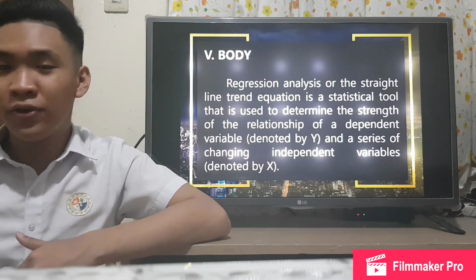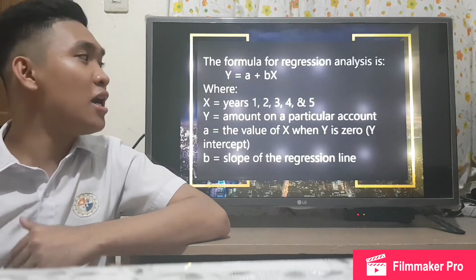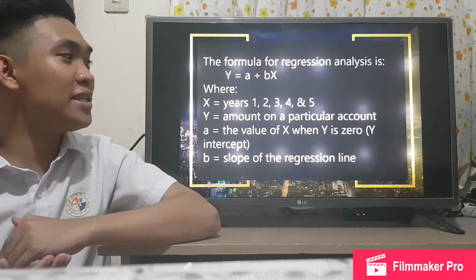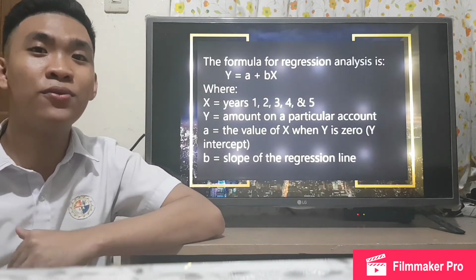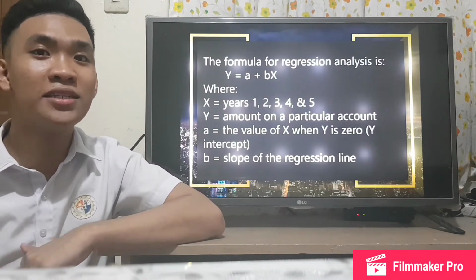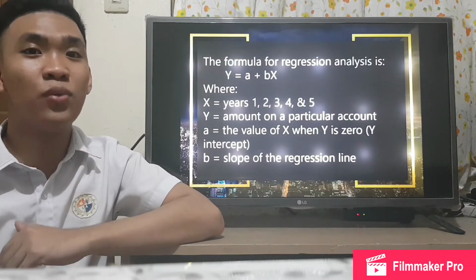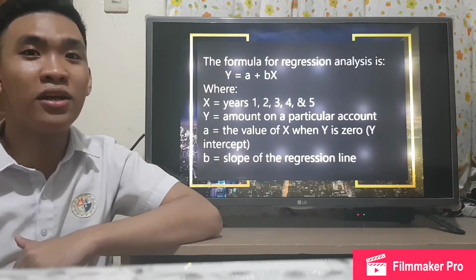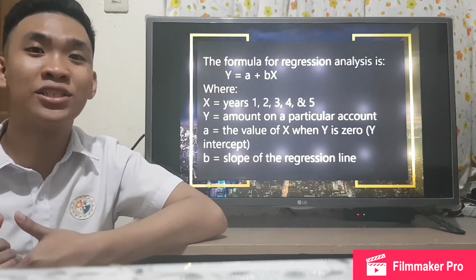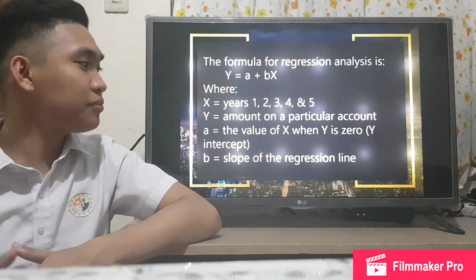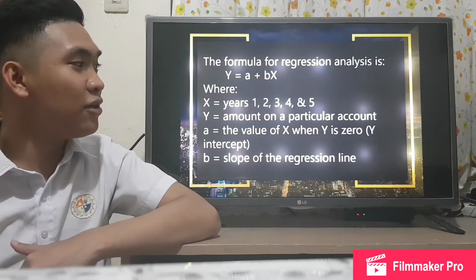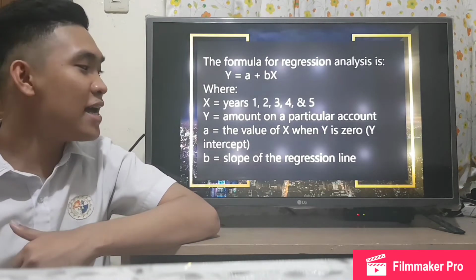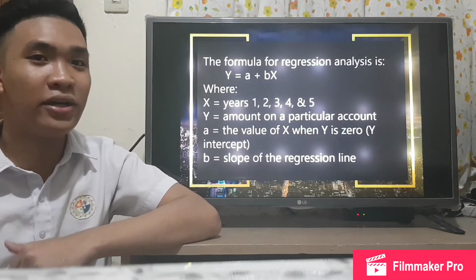The formula for regression analysis is y = a + bx, wherein x is equal to the years 1, 2, 3, 4, 5, or in our case, years 2013 to 2017, and y is the amount on a particular account, like for example, cash or receivables, and a is the value of y when x is 0, or the y-intercept, and lastly, b is the slope of the regression line.